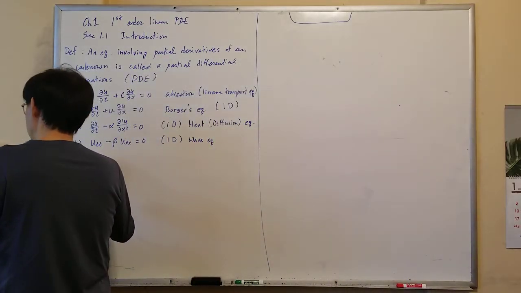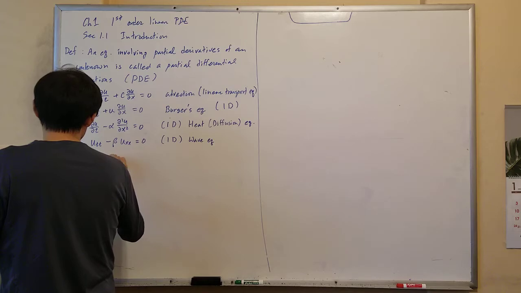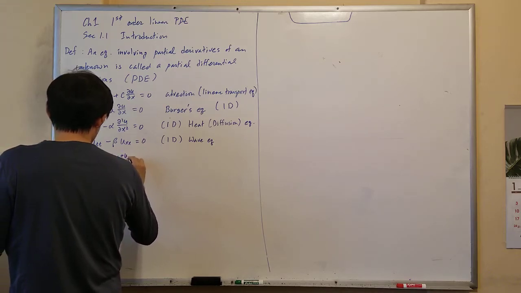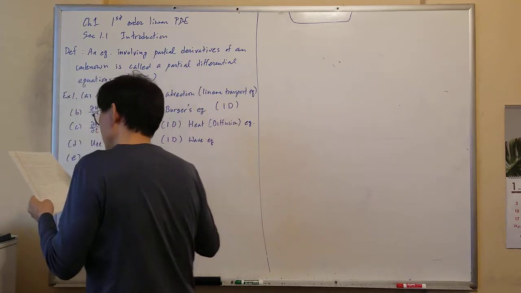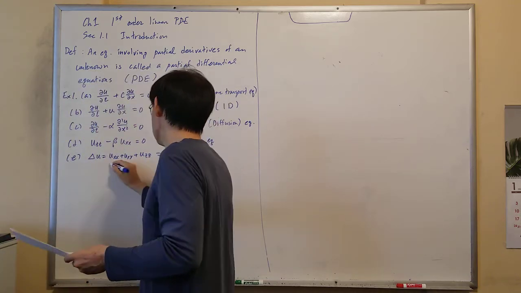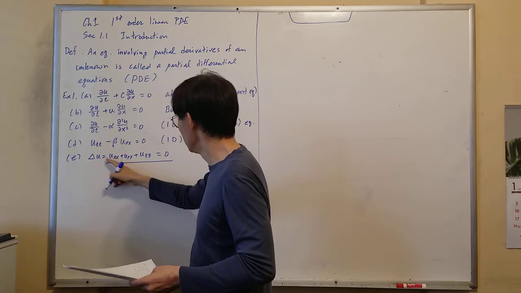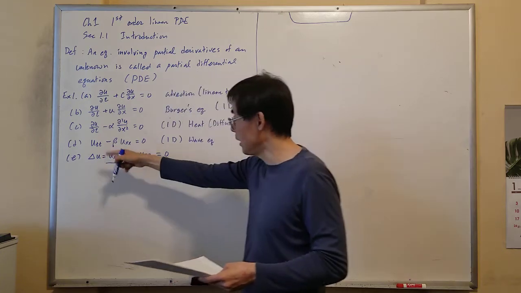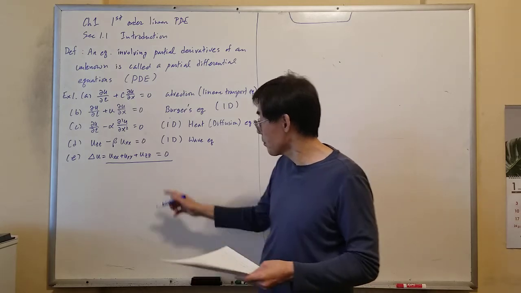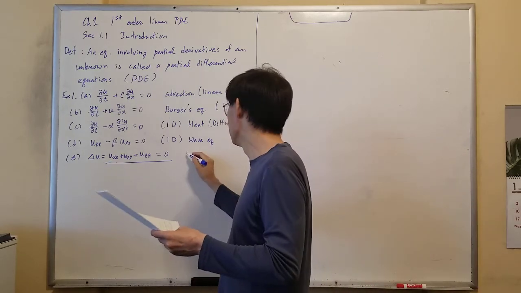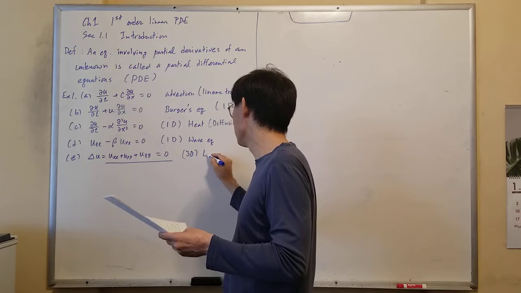E: Laplace u, which is u sub xx plus u sub yy plus u sub zz equals 0. This is called delta u, or Laplace of u, Laplacian of u. This is the 3D Laplace equation.